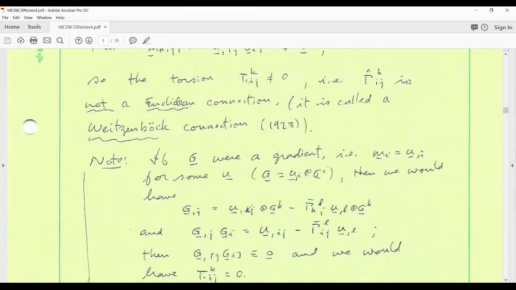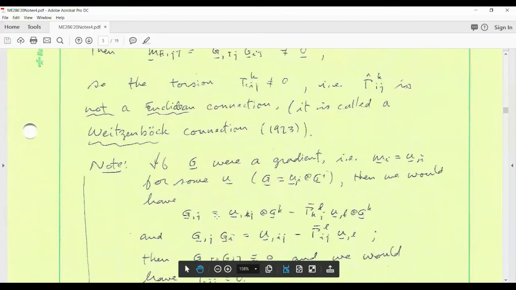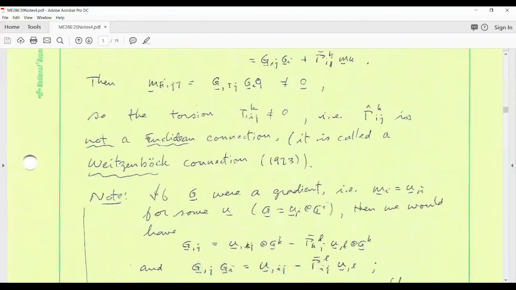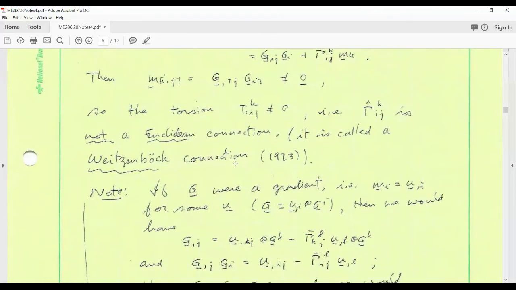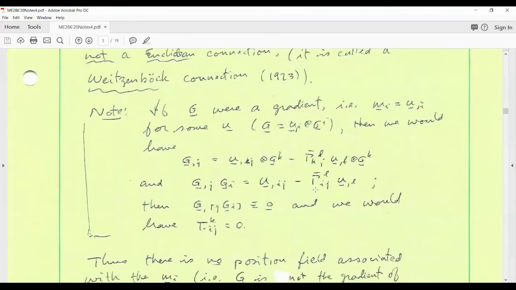That'd be U comma kj tensor product G^k minus the comma j of G^k, which would give you this, and then form the product, this combination here, G comma j on G_i, would give you U comma ij, and this would be completely symmetric in the subscripts, right? If you have a C2 U field, then we would have zero torsion. So you see that you only get zero torsion when G is itself a gradient of something.